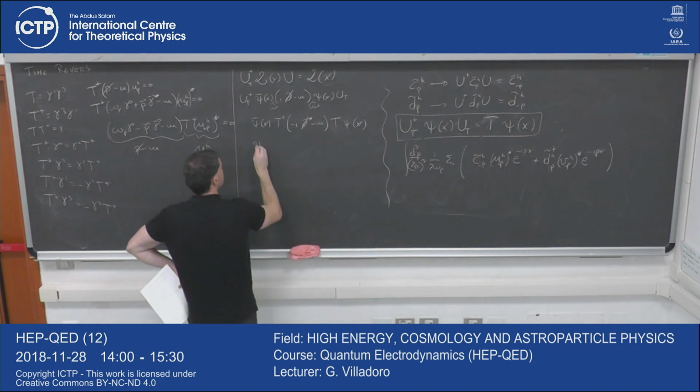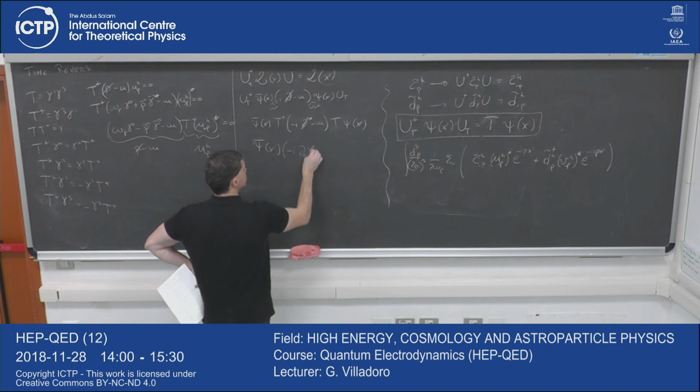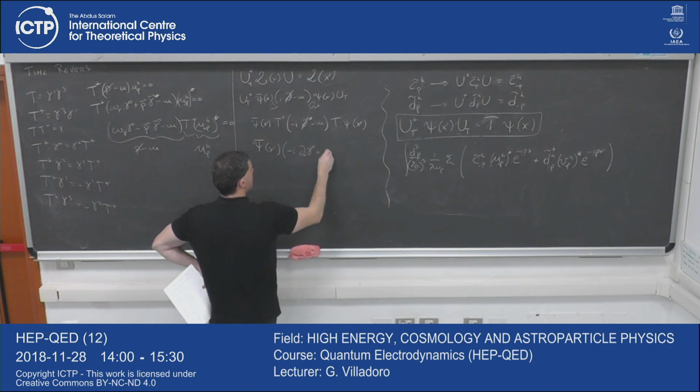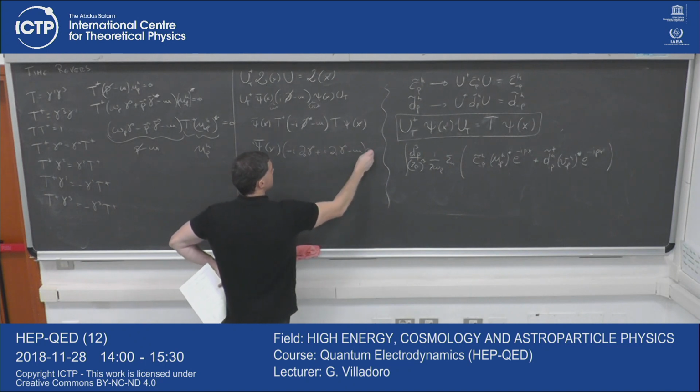So this is equal to psi bar of x prime. For gamma naught there is no flipping, so it remains minus i d 0 gamma 0. But all the others flip sign, so it becomes plus i d i gamma i, minus m, psi of x prime.